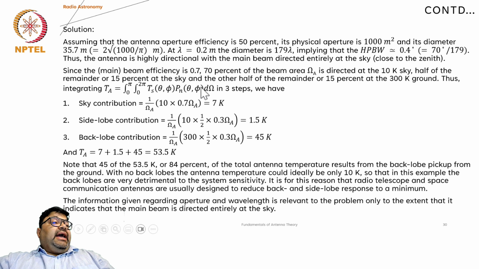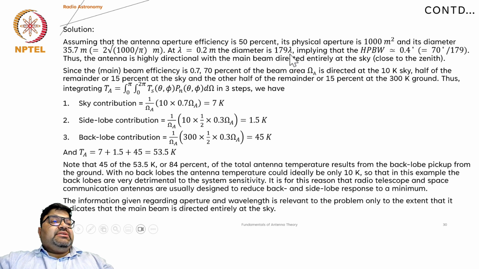Let's see. Assuming that the antenna aperture efficiency is 50%, its physical aperture is 1000 meters square and its diameter is 35.7 meter at 0.2 meter, 20 centimeter.